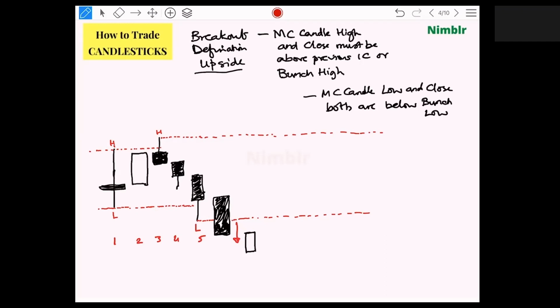Move further up, and right up to here. And this is what the next candle will be. The moment this happens here, price will always come back to the breakout line.